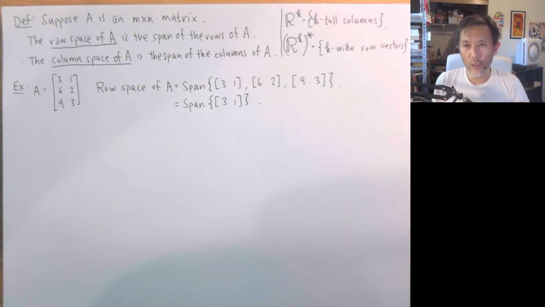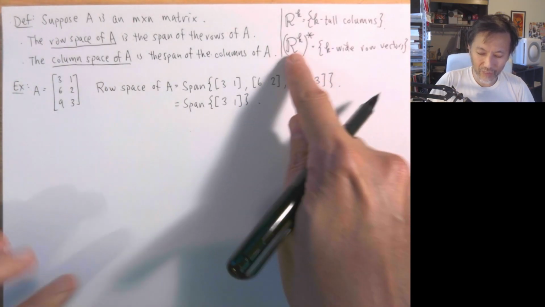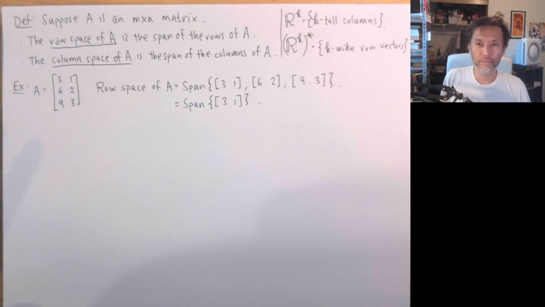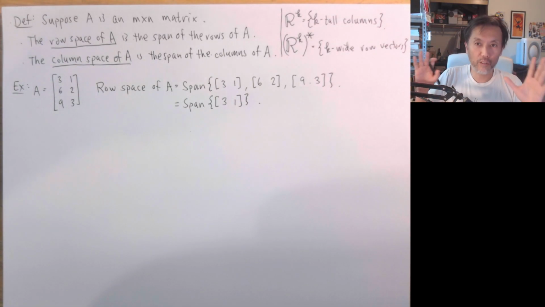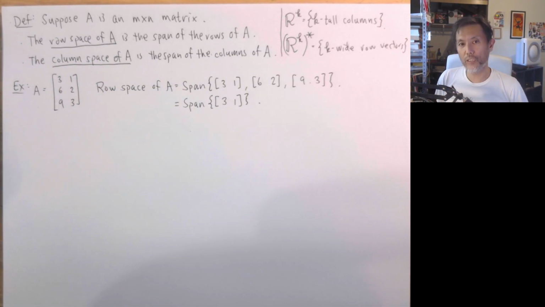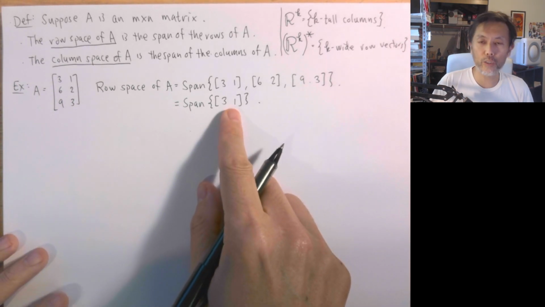In other words, in this case, the row space of A is one-dimensional. And where does it live? It lives in R^2 dual, so like two wide vectors. That's a two-dimensional space, and this is a one-dimensional subspace.